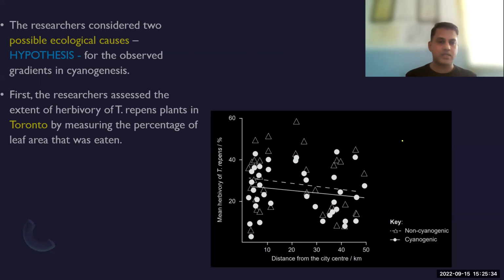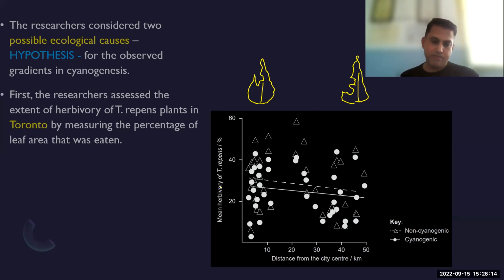The first hypothesis: the researchers assessed the extent of herbivory of Trifolium repens plants in Toronto by measuring the percentage of leaf area that was eaten. So let's say the plants are eaten by animals. If the leaf is eaten like this, this much, and when it comes away from the city center, probably we can see more eaten by the herbivores, so we can see a reduction.